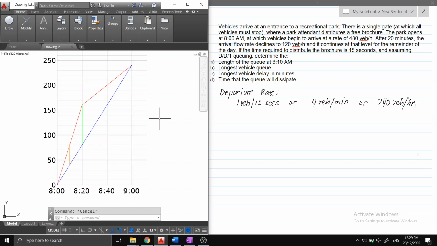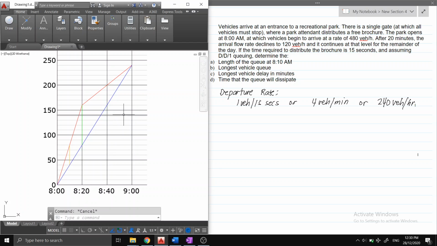Makikita na natin agad, this is equal to 160 minus 80. So, ibig sabihin, ang pinakamahabang queue is 80 vehicles na nakapila para makapasok dun sa recreational park. And that queue will happen at 8:20. Di ba, nakatapat siya dito sa 8:20.